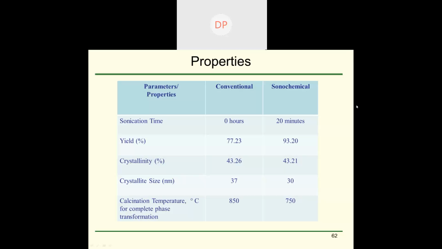And more important here is the calcination temperature required for converting anatase to rutile: for the conventional method it was 850, while with 20 minutes of additional ultrasound, it is reduced to 750 degrees centigrade.